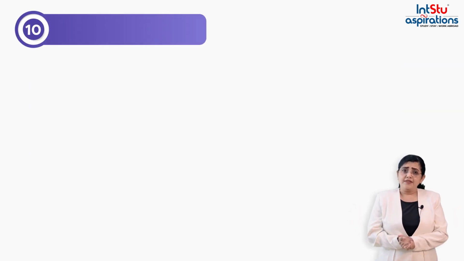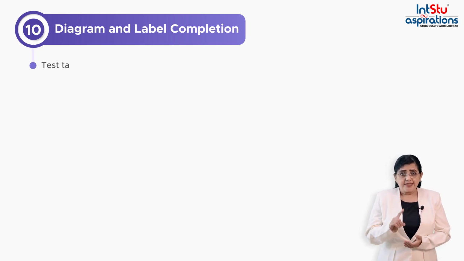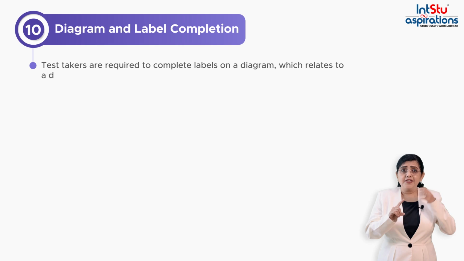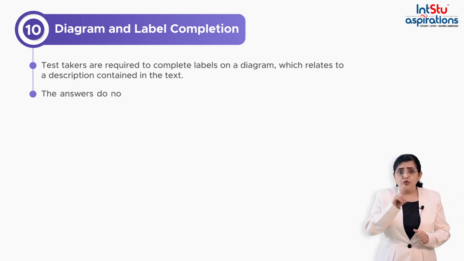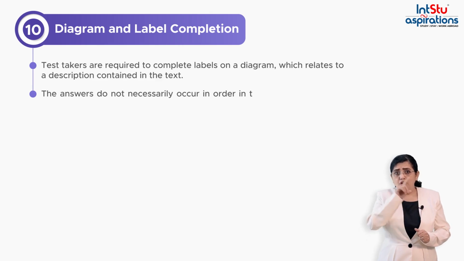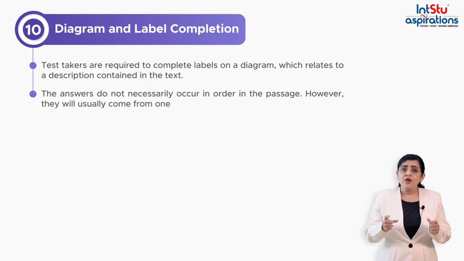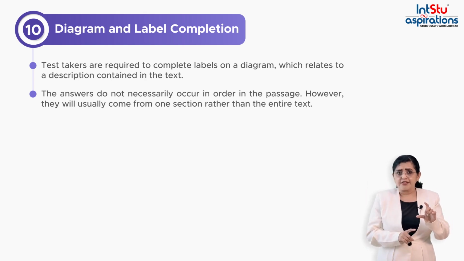The next one is diagram and label completion. Test takers are required to complete labels on a diagram, which relates to a description contained in the text. The answers do not necessarily occur in order in the passage. However, they will usually come from one section rather than the entire text.